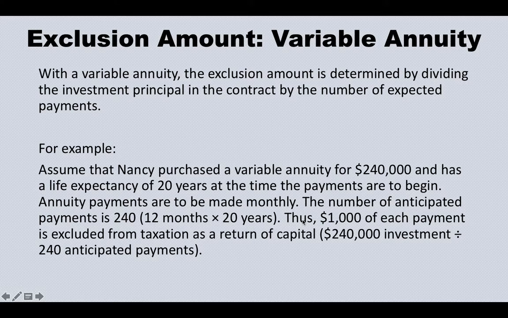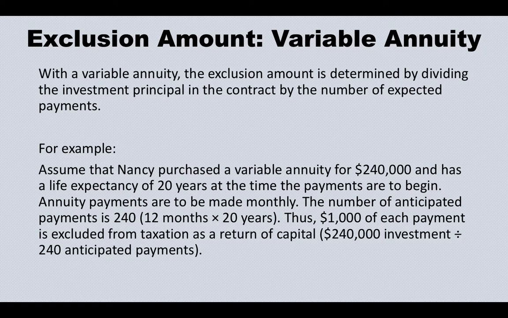So then your original principal is $240,000. If you divide it by your total payments, it will give you $1,000 per payment. Think about it, right now, say I invest $240,000, and this annuity company is going to give me $1,000 per month for 20 years.